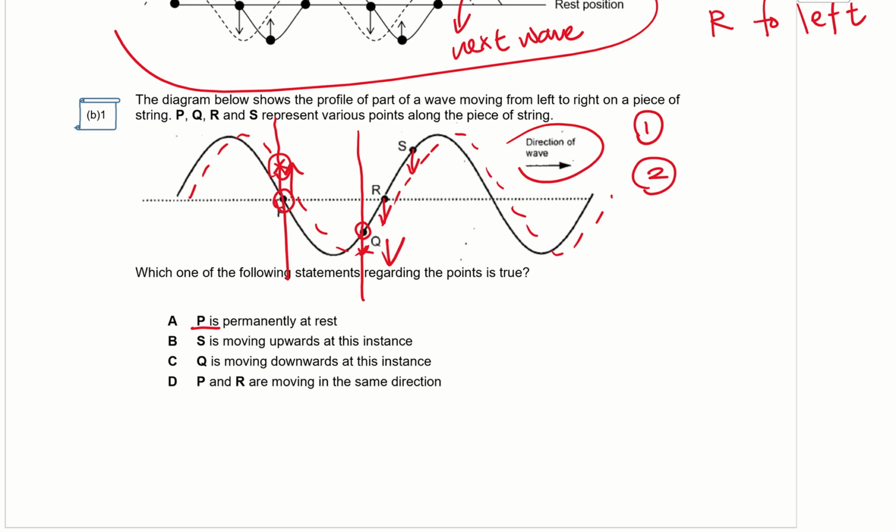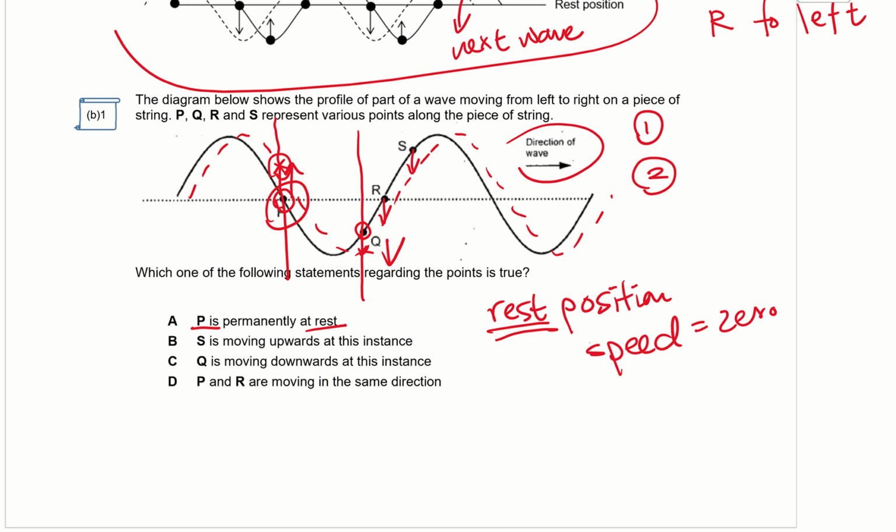Okay, so they say P is permanently at rest. Now, this is our P. P is at the rest position. So a lot of people will say, oh, if it's at the rest position, shouldn't the speed be equal to 0? That is incorrect, because the speed is actually maximum. Remember, where do we have 0 speed?